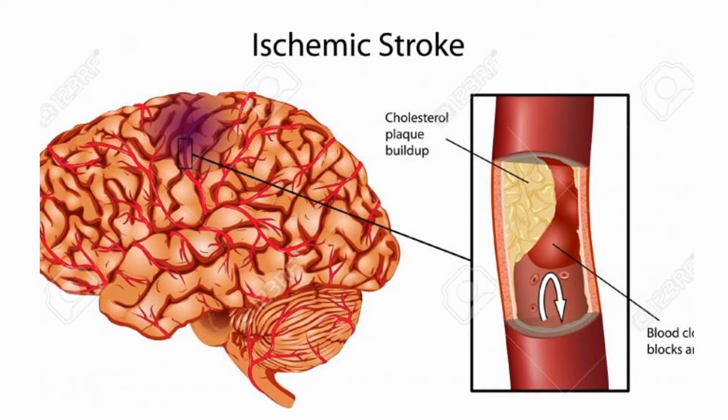All right, ischemic stroke. Again, you have this blockage, which is problematic. So again, the blood is not getting to this area, and guess what? No blood, the cells in the tissues will start dying.